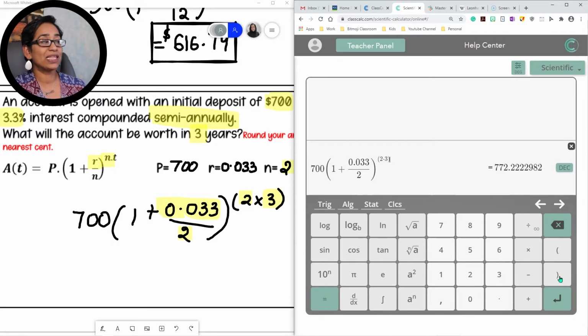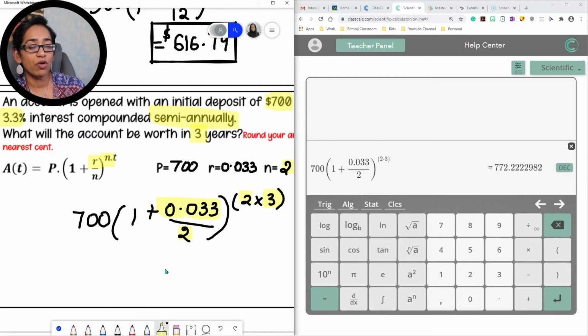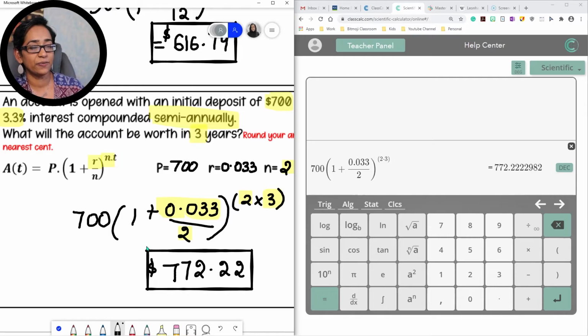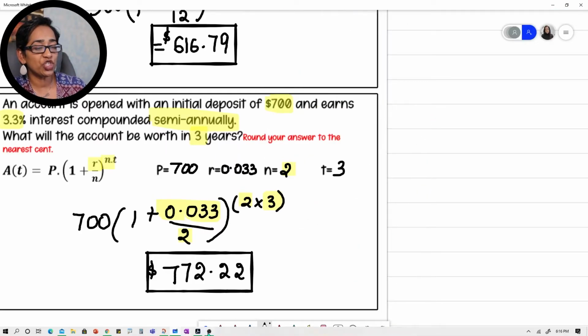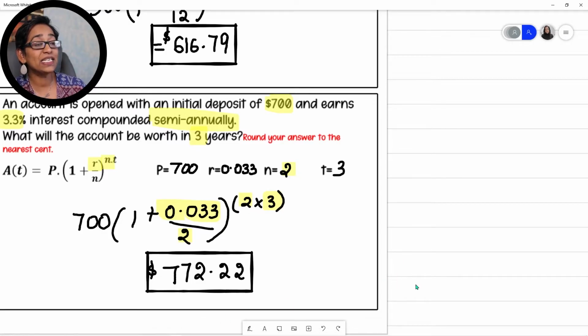So I end up with $772.22. Rounding off, $772.22, because they asked me to round off to the nearest cent. Fair enough?